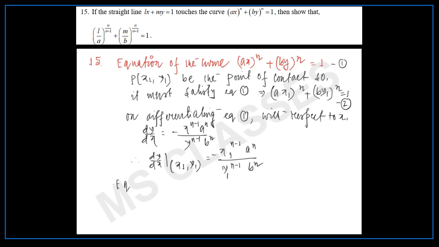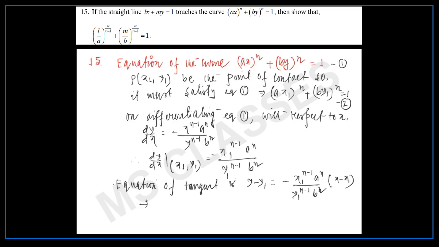Equation of tangent is y minus y1 equal to slope, x1 to the power of n minus 1 a to the power of n, into x minus x1.